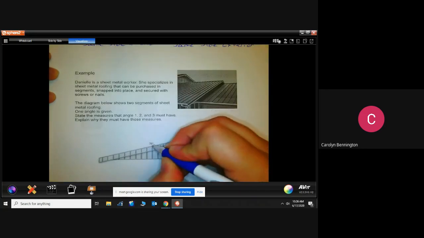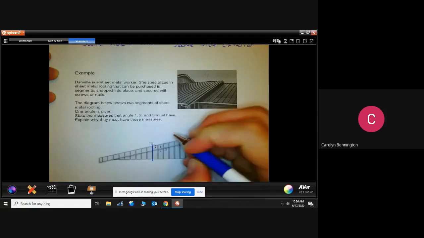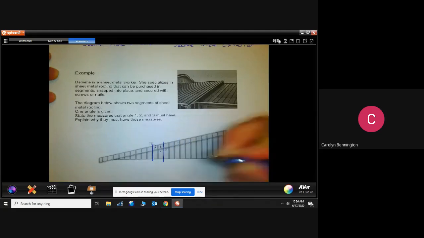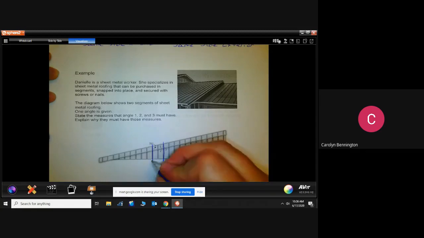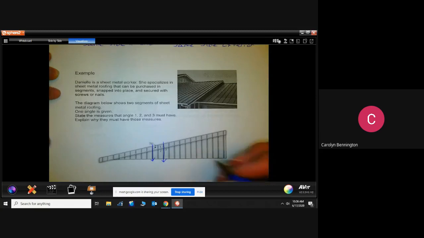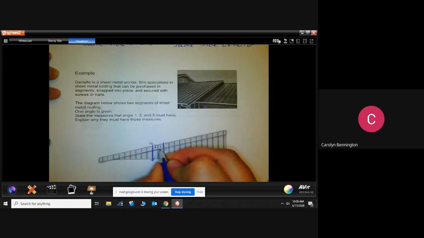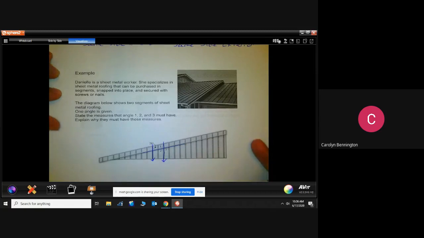So we're going to start with our two lines. And we're going to assume that these are parallel lines because if they weren't parallel, then the roof would be crooked. So these are going to be parallel lines. And our transversal is going to be this middle line in here.